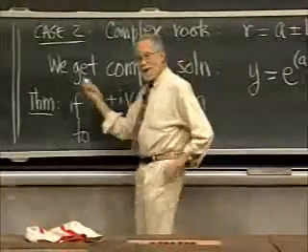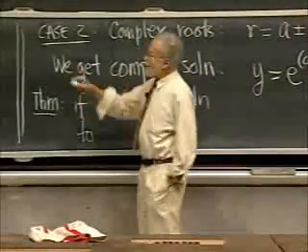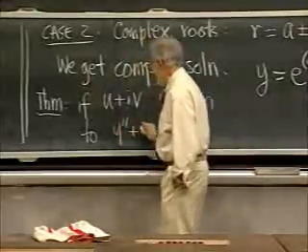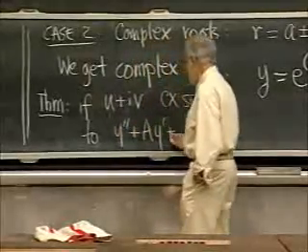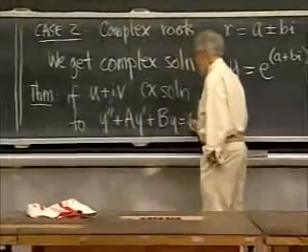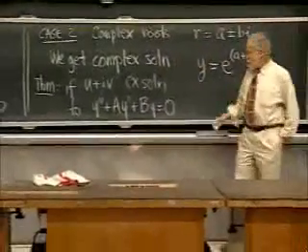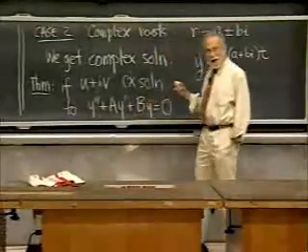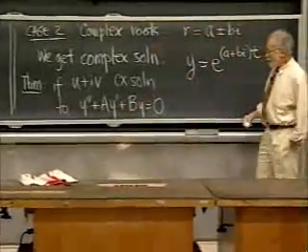Well, it doesn't have to have constant coefficients; it has to be linear. Let me just write it out: y double prime plus a y prime plus b y equals 0. Suppose you've got a complex solution to that equation. These are understood to be real numbers. They're the damping constant and the spring constant.